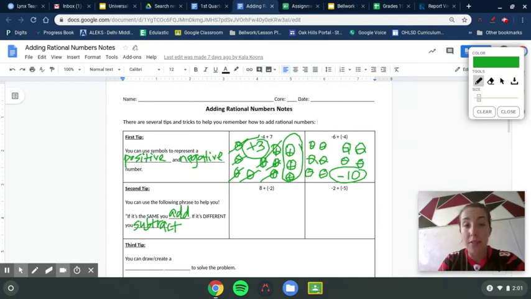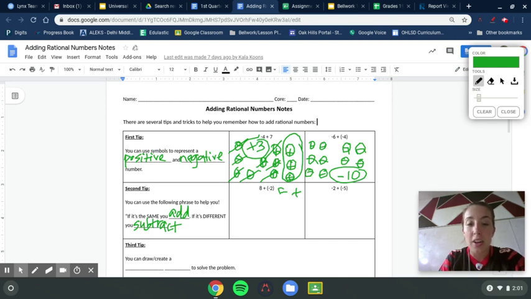If they are different, meaning one is positive and one is negative, then you will subtract those values and you will have your answer. You will always take the sign of the bigger value. And that's always going to be the first step that I'm going to do.